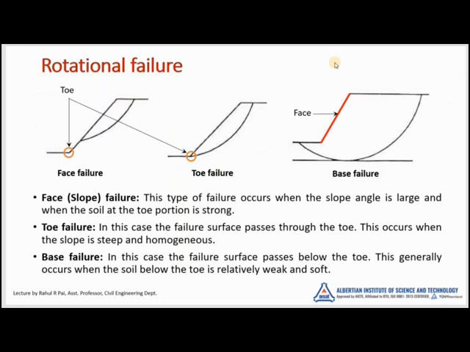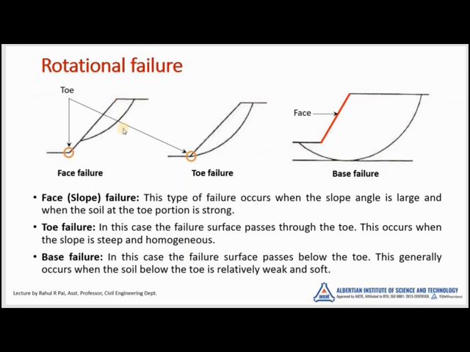Here you can see this straight line, which is the face of the slope, and this orange circle is the toe of the slope. These two are the parts of a slope which tend to fail, the toe as well as the face. Even the base of the slope can also fail. This is the base of a slope. Let us discuss them one by one.